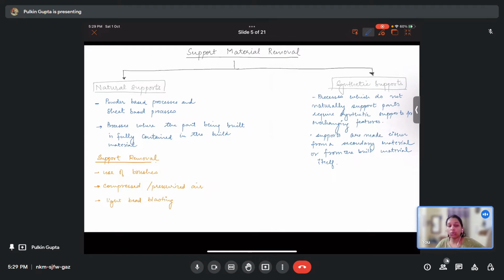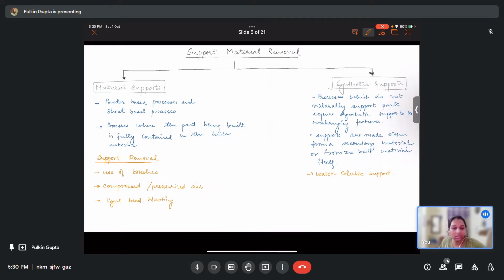Now your orientation of the part significantly affects how the supports are to be generated. There are different kinds, like water soluble supports. These are a secondary material and they can be dissolved in water after you take them out.